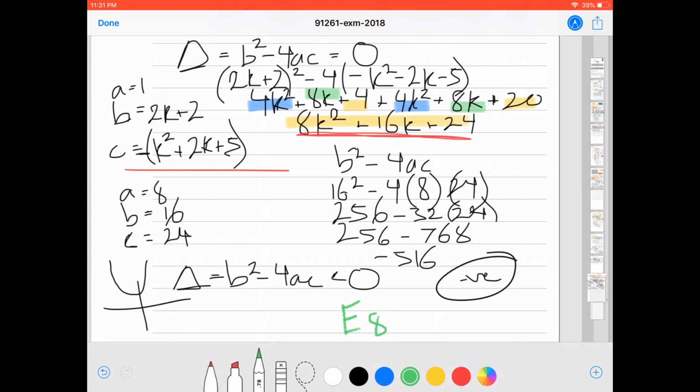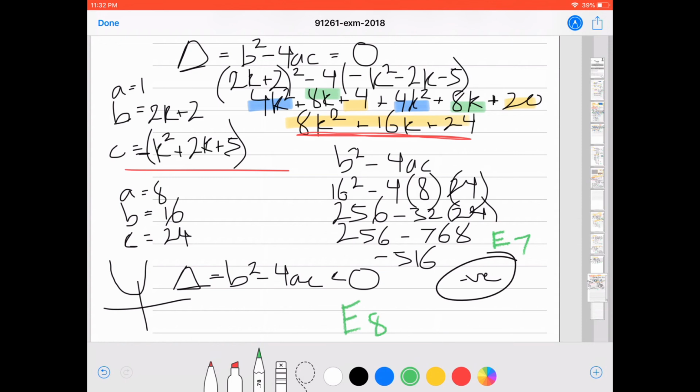E7 is concluded that there are no real roots with little or no working shown. While we're looking at the marking schedule, it says no real roots, and hence no values of k for which the original equation has equal roots.